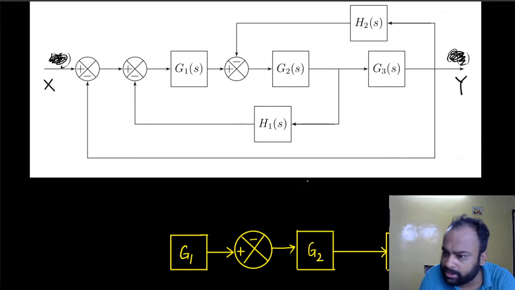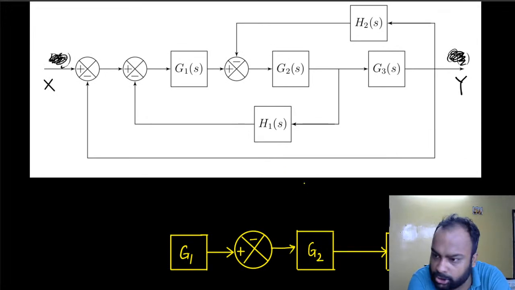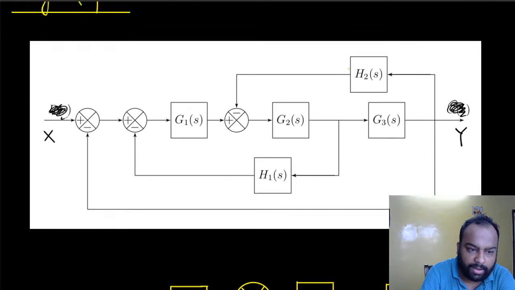I'm sorry, what question are you asking? Why does the arrow on H2 indicate both sides? Sorry, I don't get your question. H2 here, look very carefully. What H2 is doing essentially is receiving signal from the output of G3.